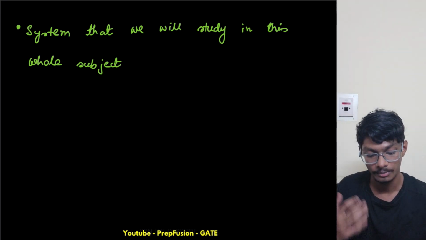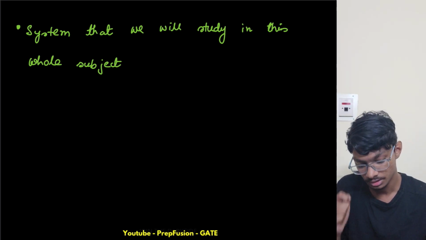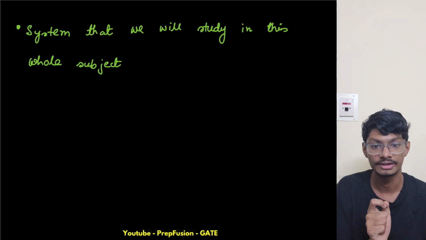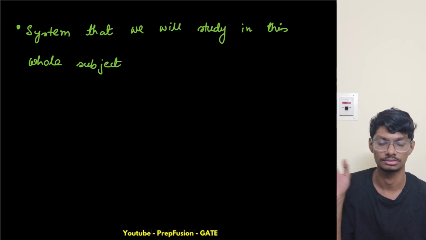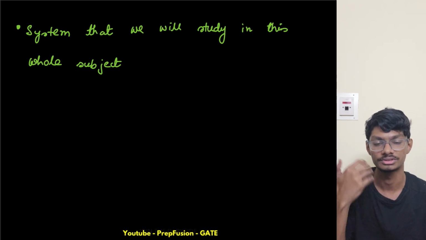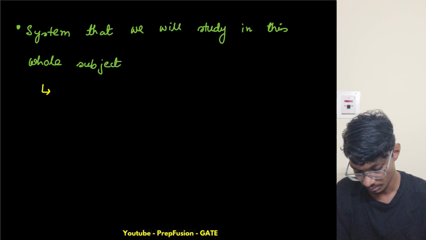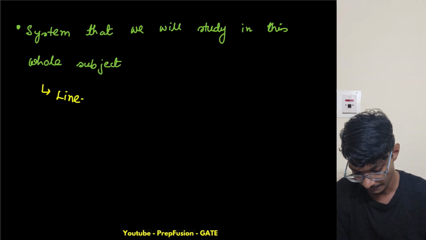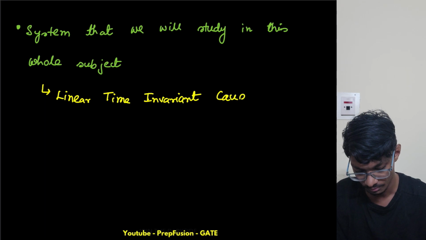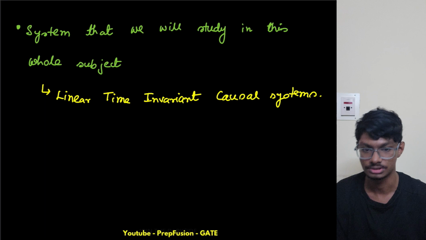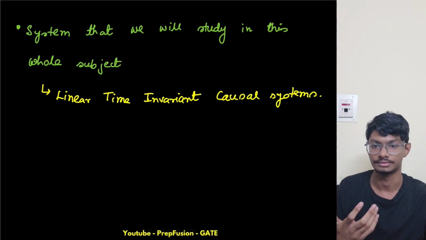What type of systems will we study? We will study linear, time invariant, and causal systems. Previously I mentioned LTI at different times, but I forgot to mention it together. So these types of systems we will study.